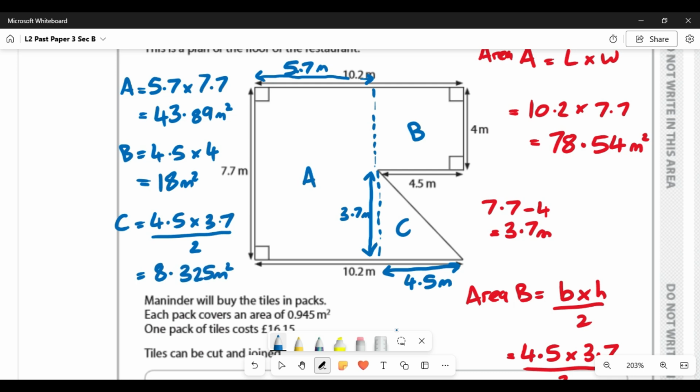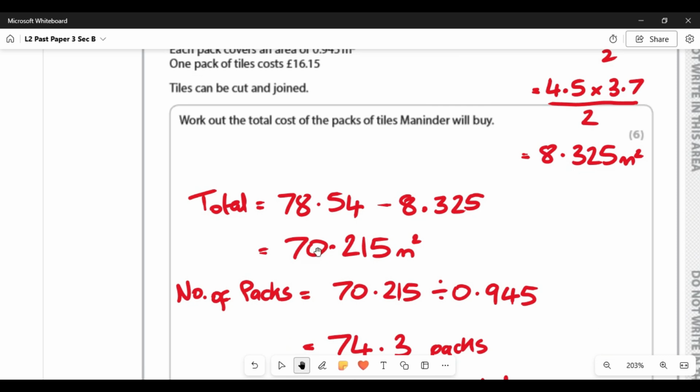So when you add these three together, let me just double check on my calculator. 43.89 plus 18 plus 8.325. Do we get the same answer? Yes, we do. We do get 70.215, which was the answer here.